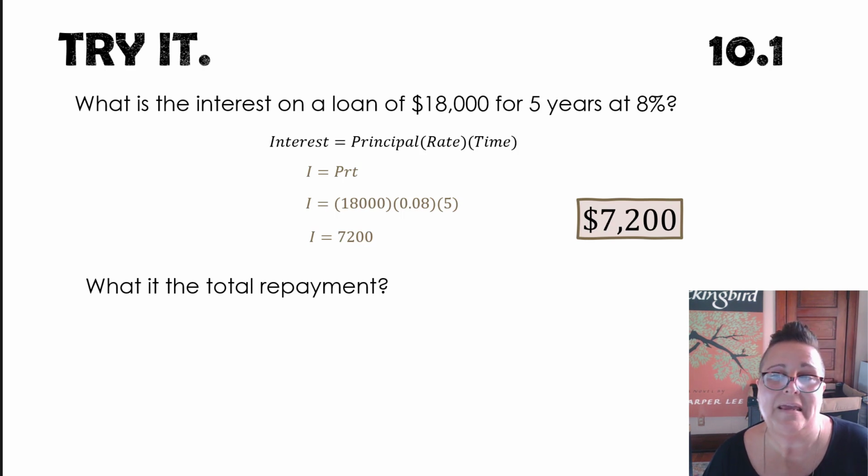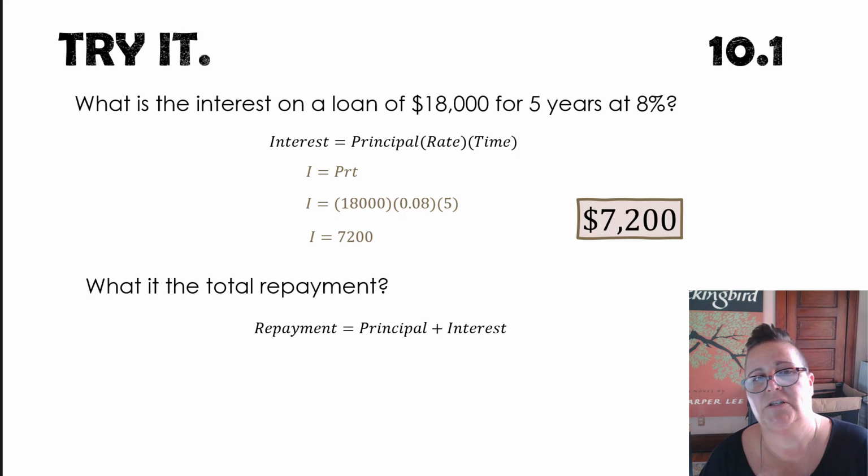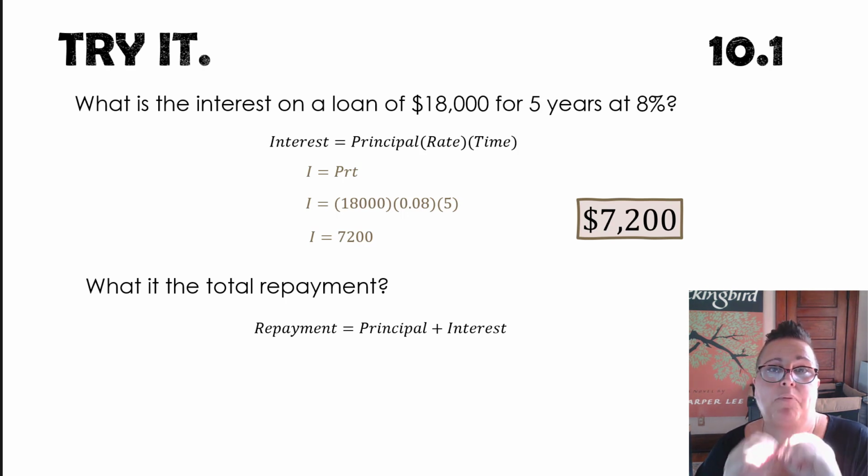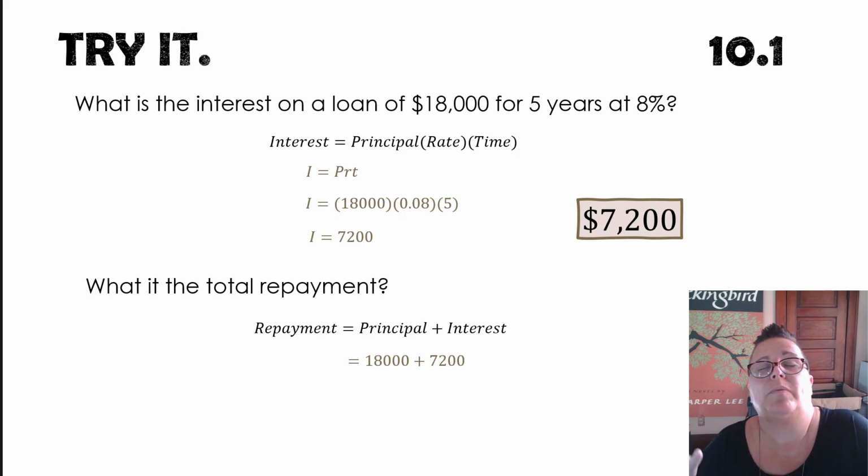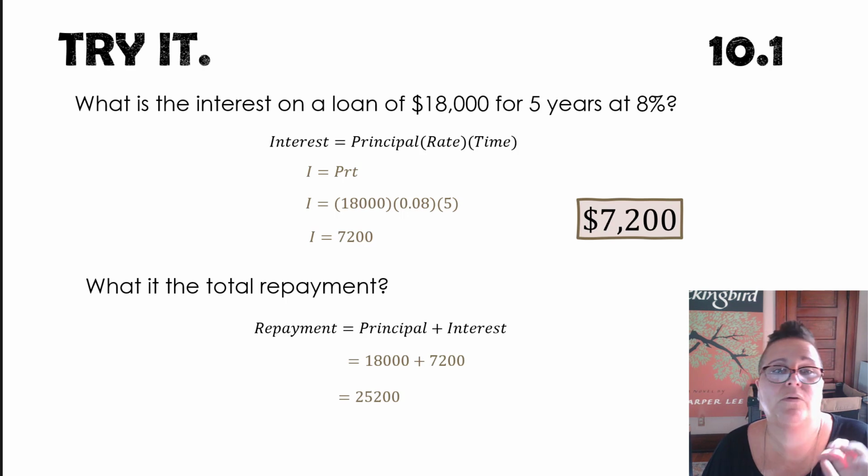The total repayment is all of the principal, so all that was initially borrowed, plus any interest. Since my principal was $18,000 and the interest was $7,200, the repayment will be both of those amounts. So the repayment would be $25,200.